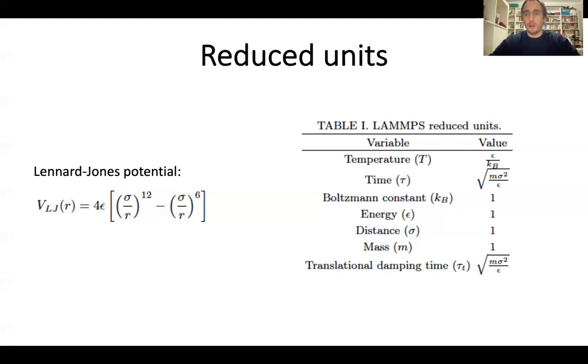You use the temperature to set the energy scale, and then you can get the time scale by using the mass of the particles, and you can get the distance by using the radius. So you have the mass of the particle, the radius, and the temperature as the energy scale, and you get almost all of the variables.